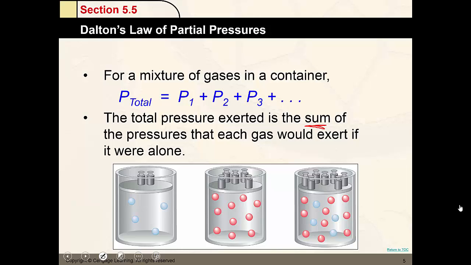So let's say we have air. If this is oxygen here, if this is nitrogen here, they combine together. The total pressure is the pressure of the nitrogen individually plus the pressure of the oxygen individually as well. Right.